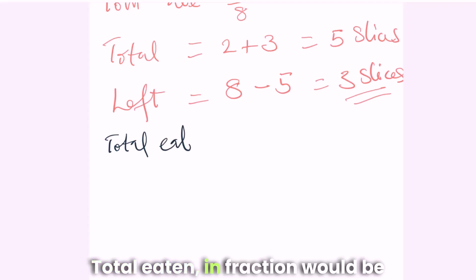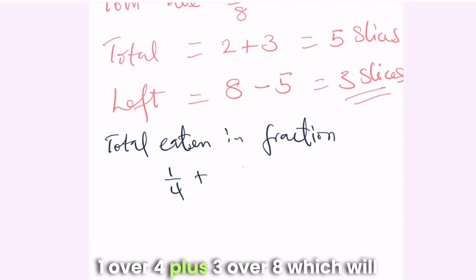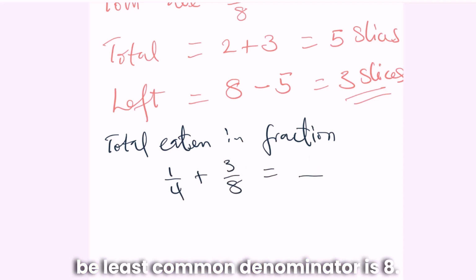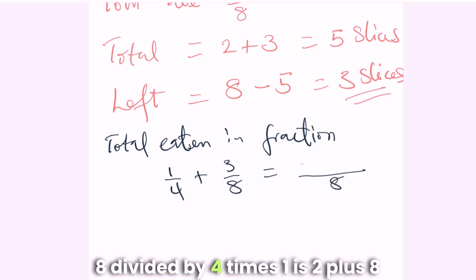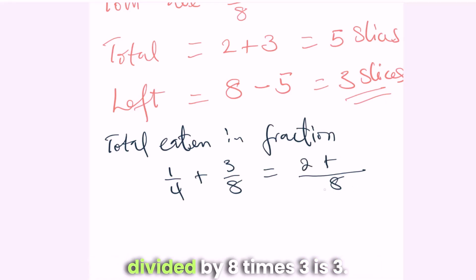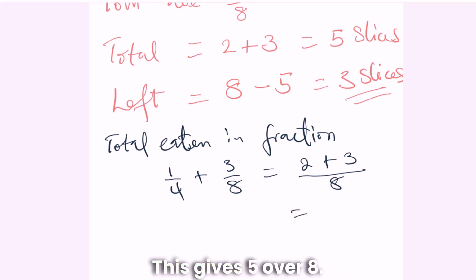Total eaten in fraction would be 1/4 plus 3/8, where the least common denominator is 8. 8 divided by 4 times 1 is 2, plus 8 divided by 8 times 3 is 3. This gives 5/8.